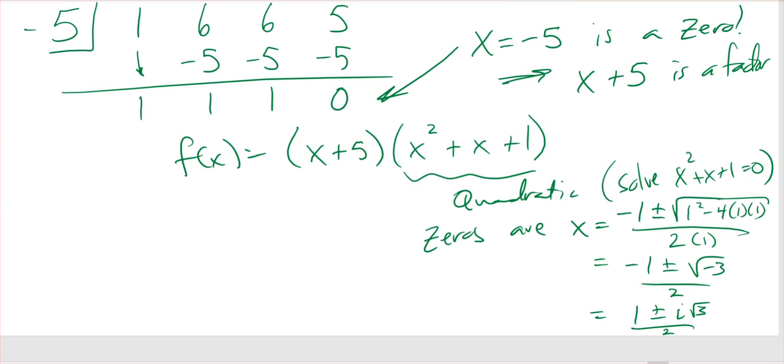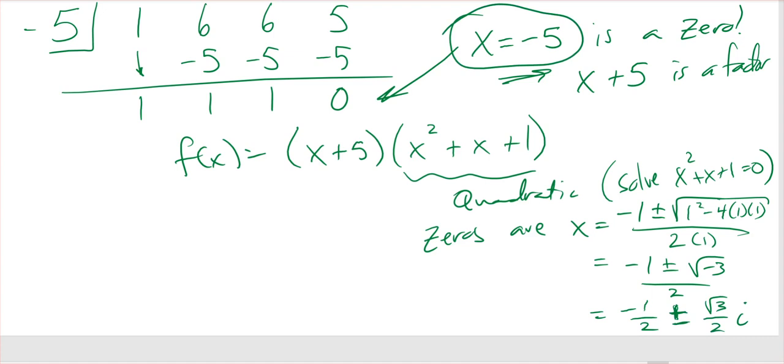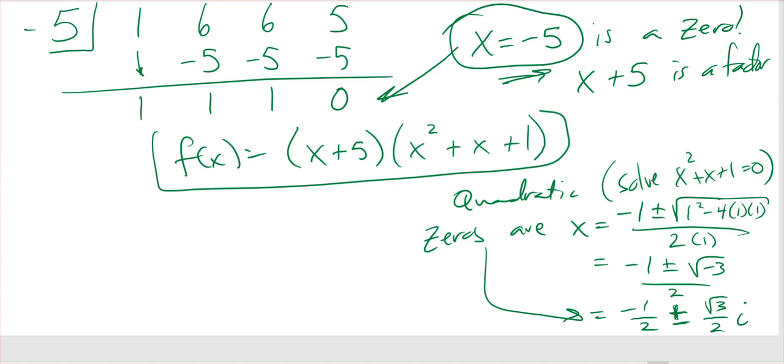We can write this in standard form for a complex number, just like that. So our zeros now are this number right here and these numbers here. We found 3 zeros, which we expected. When it says to factor the polynomial over the real numbers, we've done that task right here.